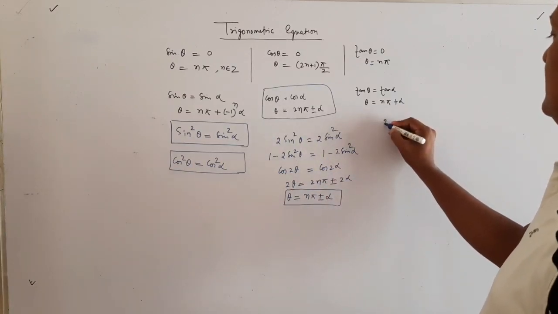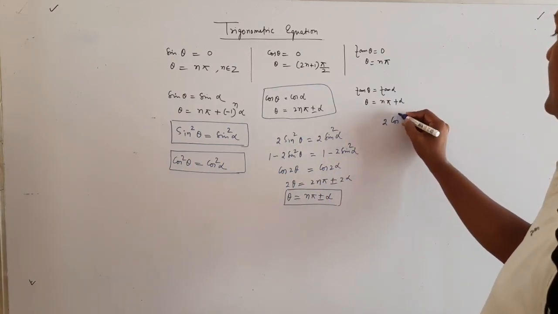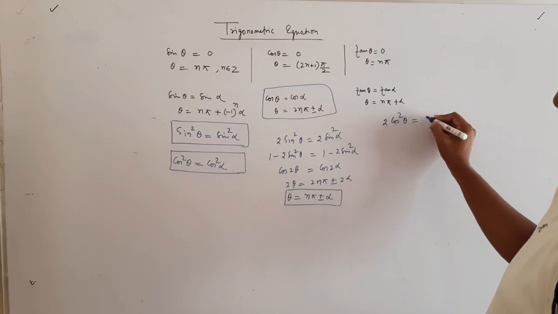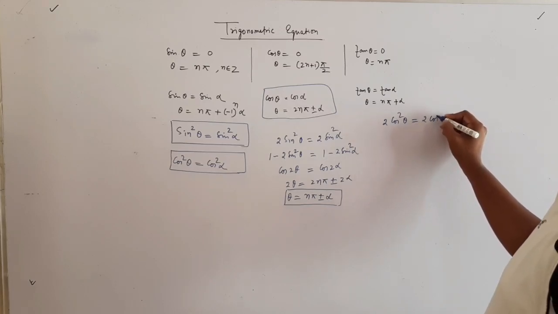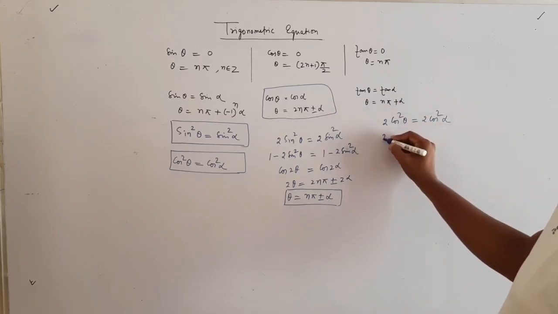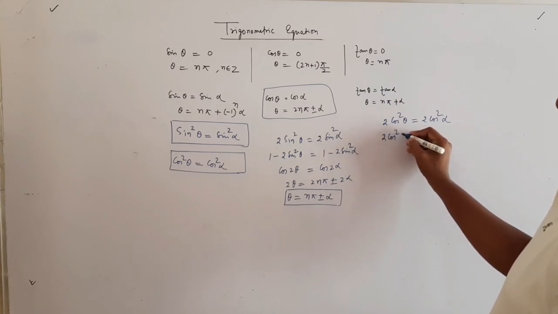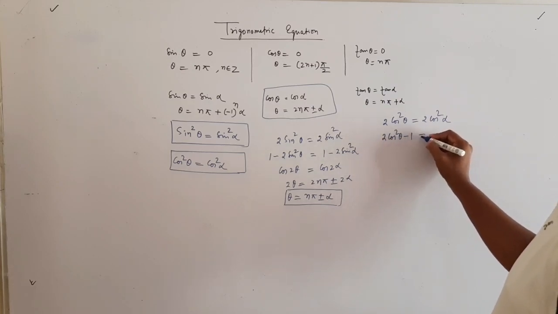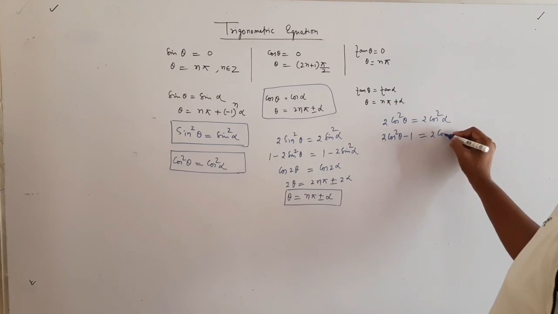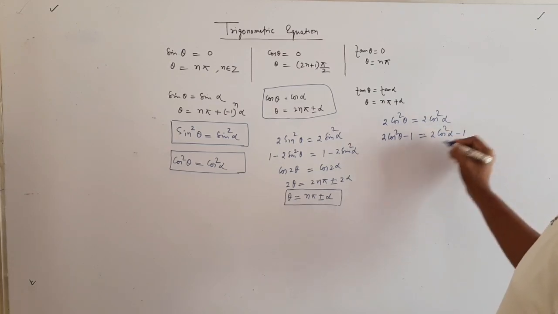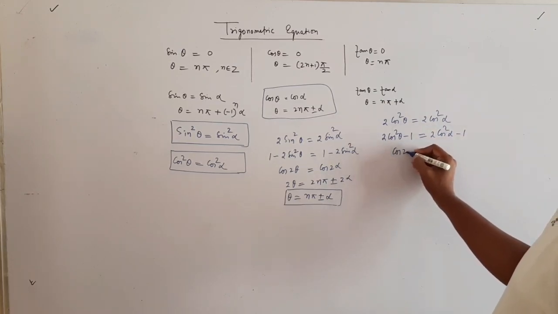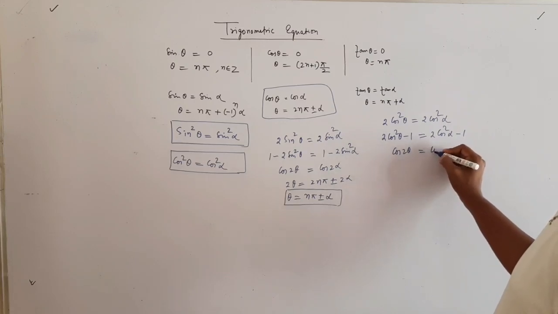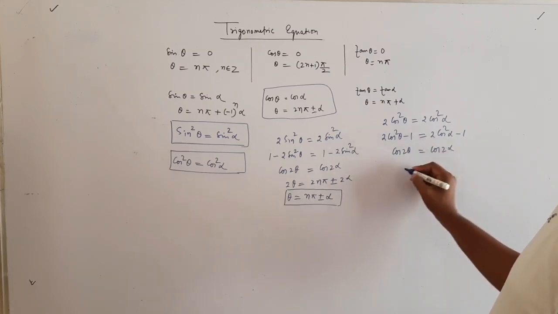So I write 2 cos square theta is 2 cos square alpha. Then subtract 1 from both sides. 2 cos square theta minus 1 is 2 cos square alpha minus 1. That is cos 2 theta. This is also cos 2 alpha.